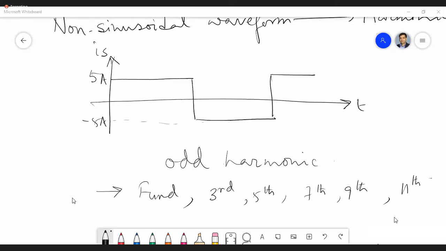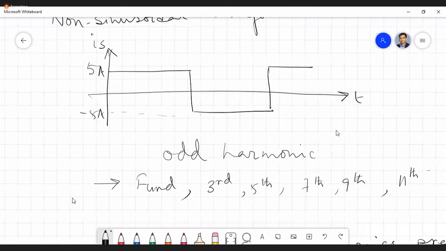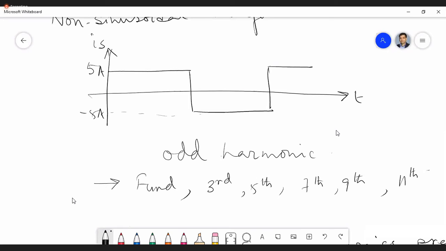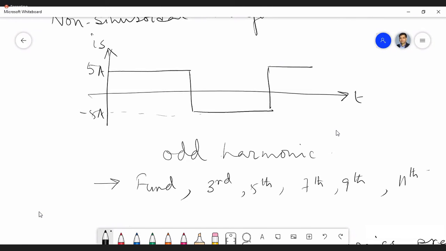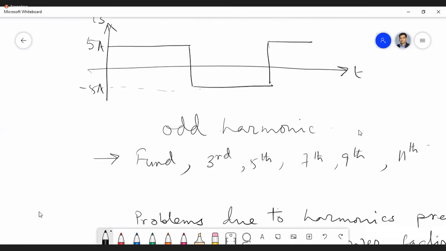Yes, sir. It's coming out to be 4 I naught by n pi sin n omega t, for n equals 1, 3, 5. So all the odd harmonics will be there, isn't it? Yes. What is the amplitude of the fundamental?